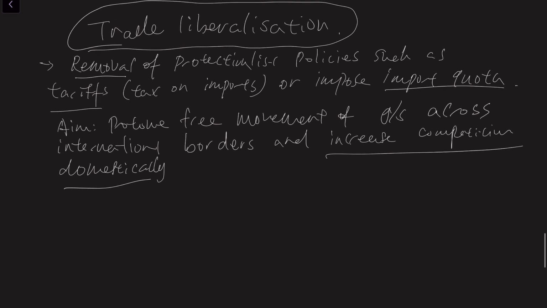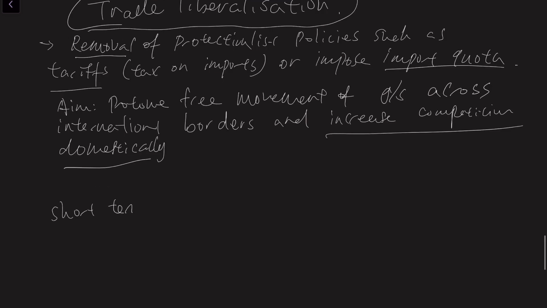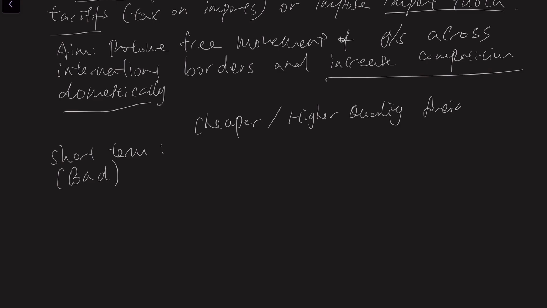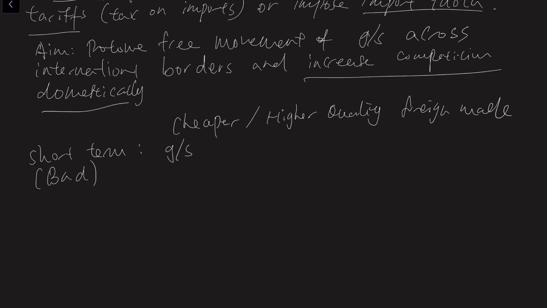So this can have different effects in the short term and long term. In the short term, the effect is usually bad for domestic firms. So either cheaper or higher quality foreign-made goods and services reduce the market for domestic firms.